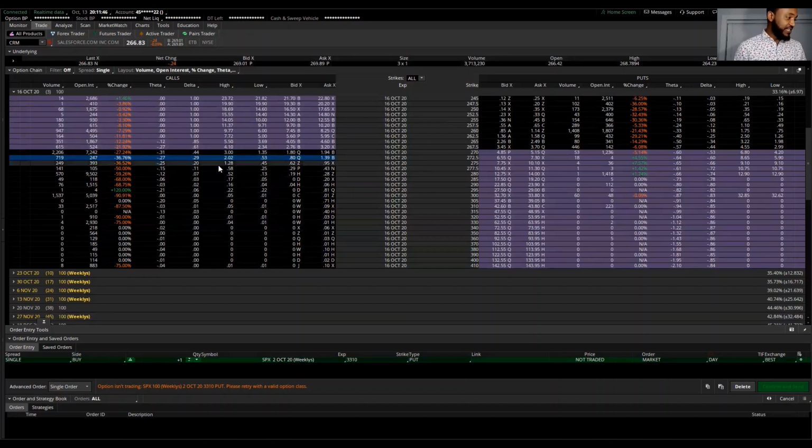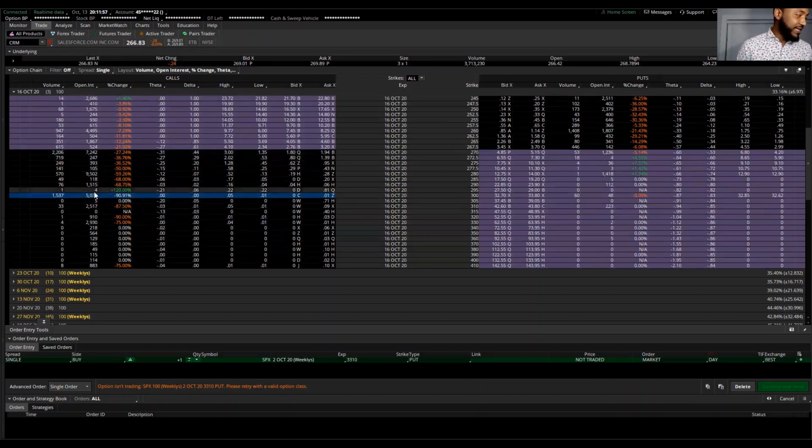So once again, I want you guys to make sure you're always paying attention to your volume, high volume contracts, open interest, high open interest contracts. Specifically, you want to try and get the highest ones you can. And then making sure that the ask and the bid are close together. No more than 10, maybe 15 points.